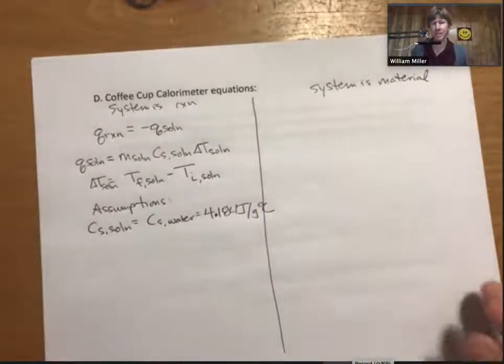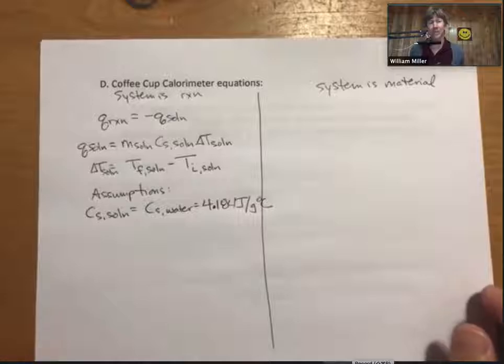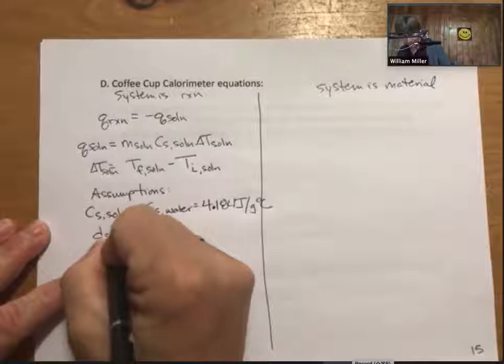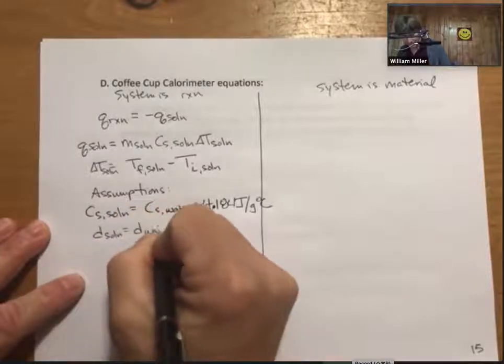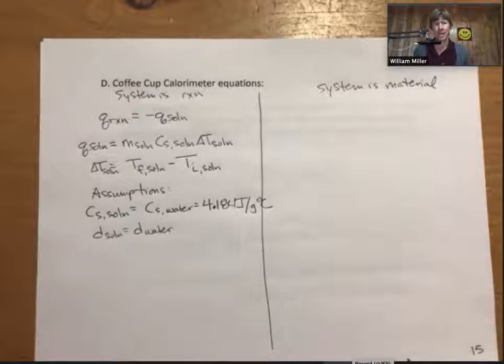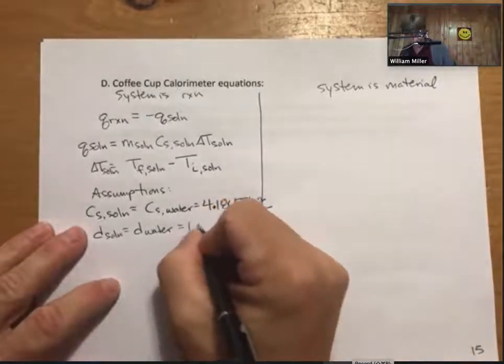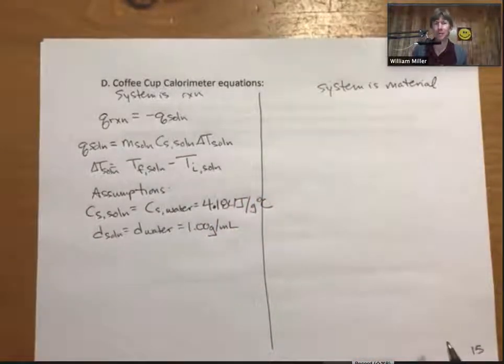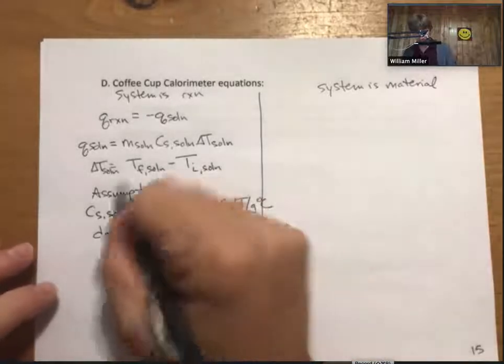The other is that the density of the solution is the same as the density of water, where the density of water is 1.00 gram per milliliter, which means that if I say there are 250.0 milliliters of a certain solution, we can assume that is 250 grams of solution. Okay. All right. So that's the setup.